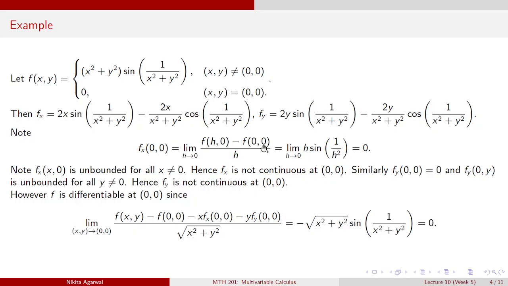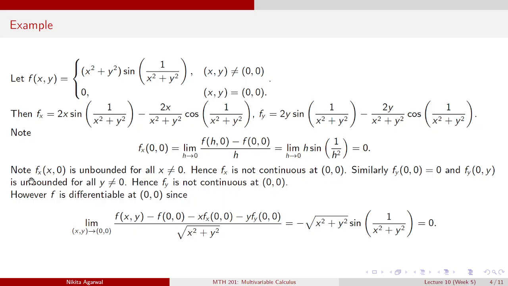Now f(0,0) is 0, so you just get f(h,0) by h. If you plug in x equal to h and y equal to 0 in the function, you get this, divided by h. And this limit by MTH 101 is 0 because the second term, sine 1 by h square, is bounded and h goes to 0.